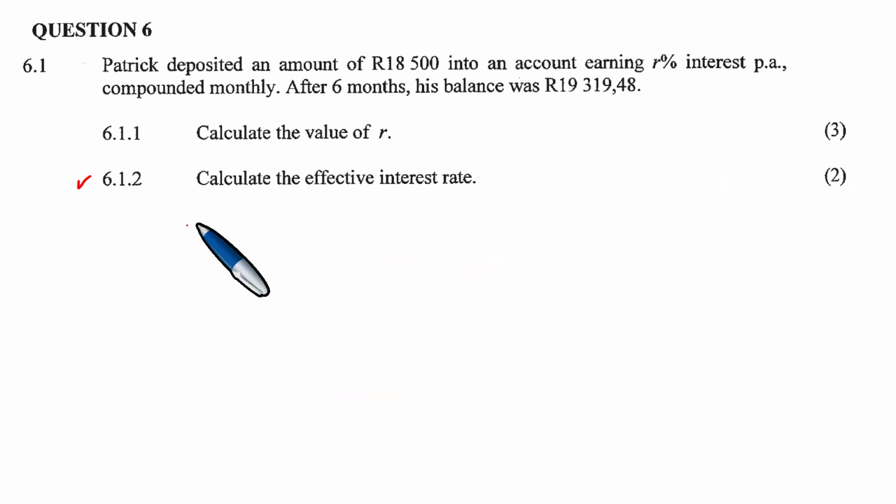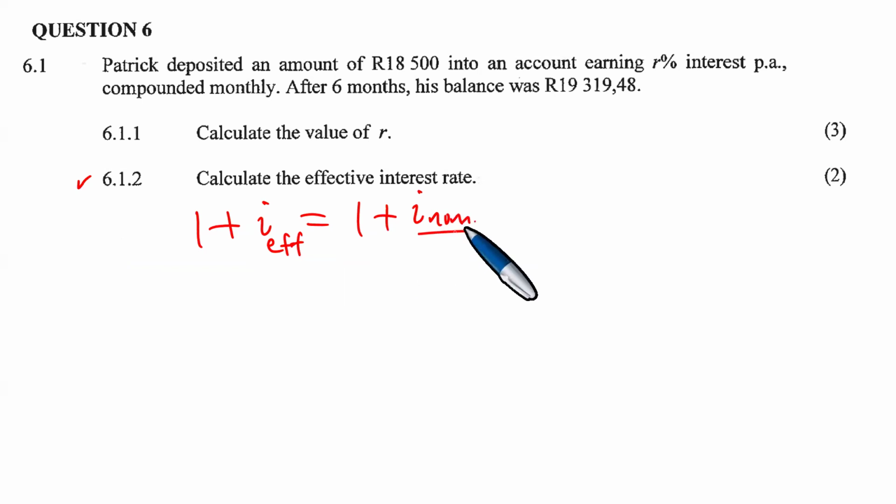So we know that 1 plus i effective equals 1 plus i nominal, and we divide by m, and we raise it to the power m, and this is what you call the nominal rate. Let me just write down the formula. Okay, let's continue quickly without wasting much time.